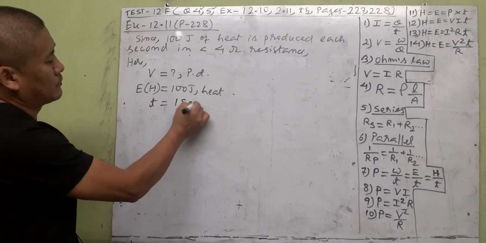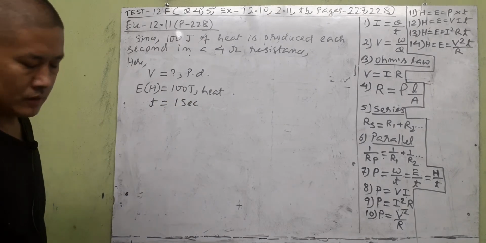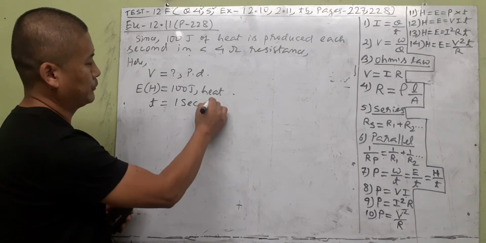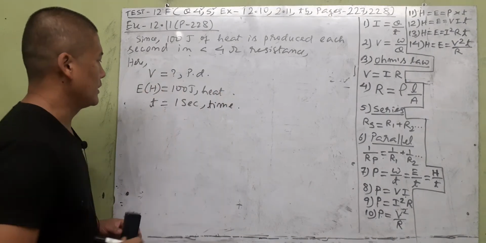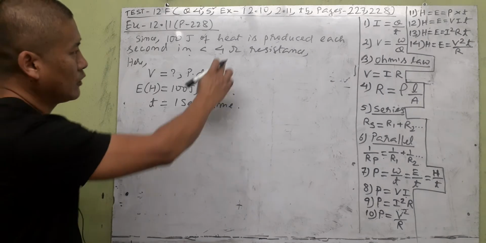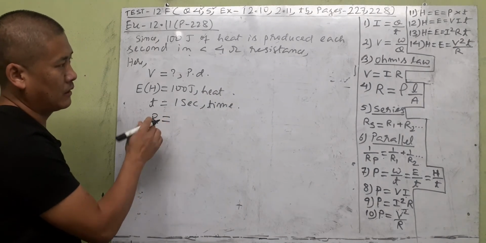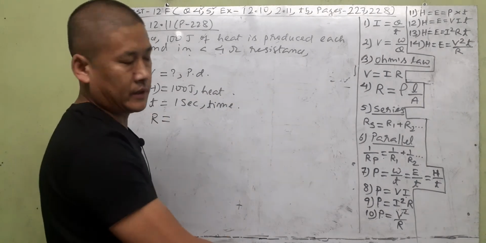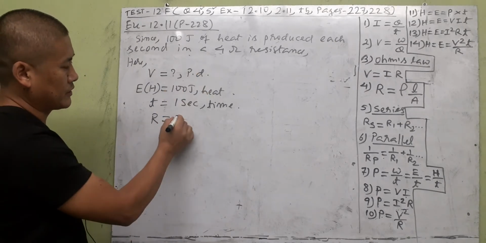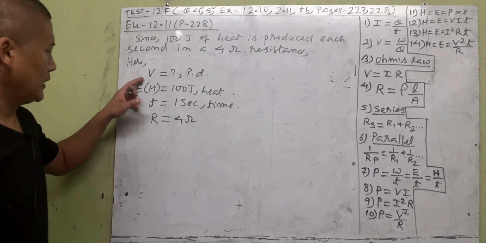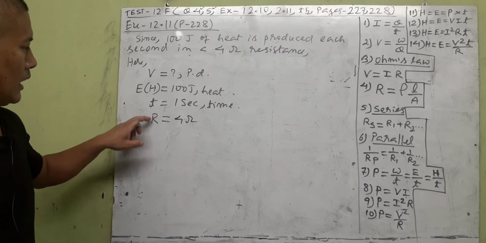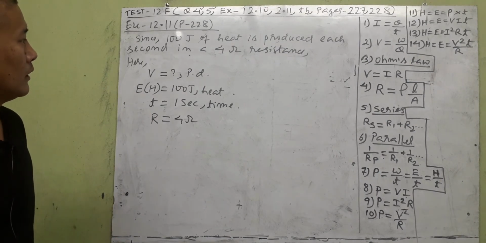So 1 second, each means 1 second. This 1 second is the time. This is given. And ohm we know is resistance, capital R. The capital R signifies ohms, resistance of 4 ohms. So E, T and R are given. We need to find V.